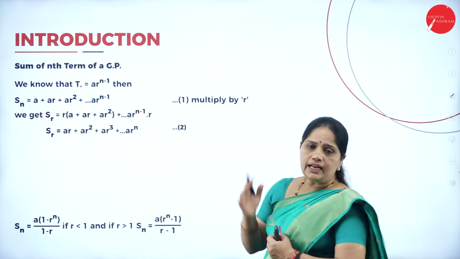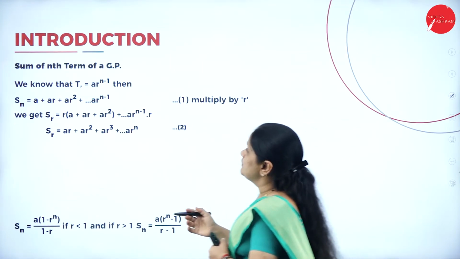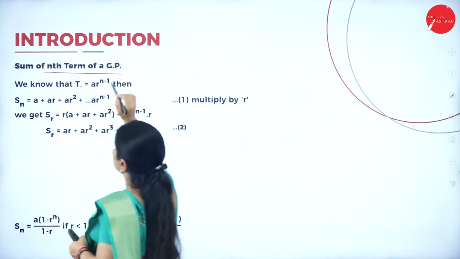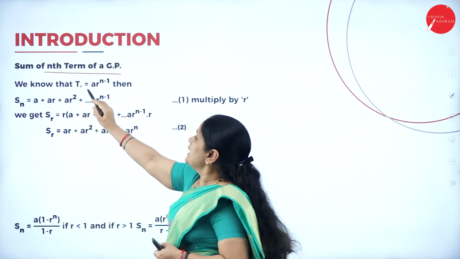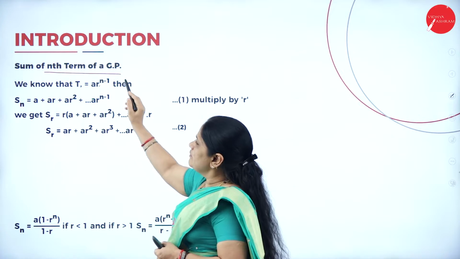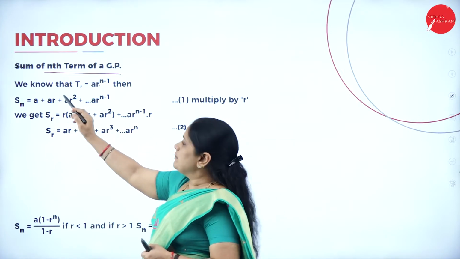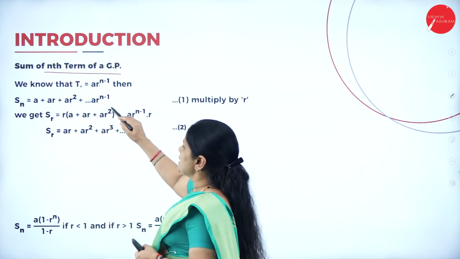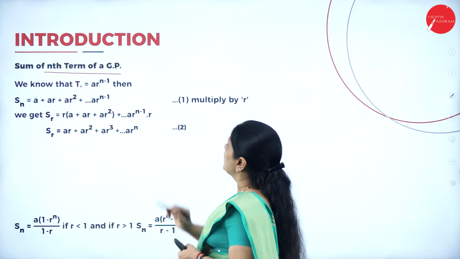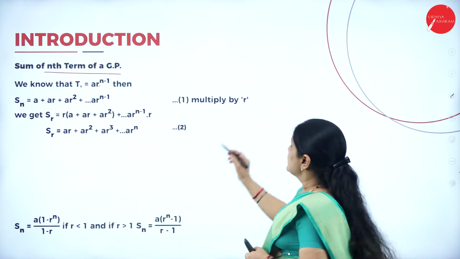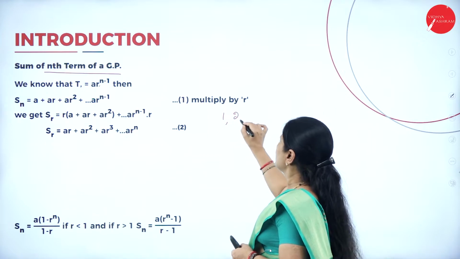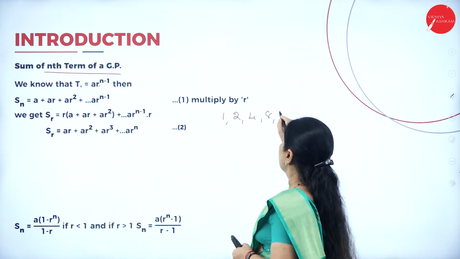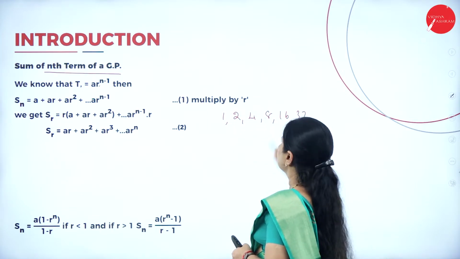Now next, let us find the sum of n terms of a GP. We know that Tn equals a r to the power of n minus 1. So Sn will be a plus ar plus ar square plus up to ar to the power of n minus 1. Suppose I consider this GP 1, 2, 4, 8, 16, 32.